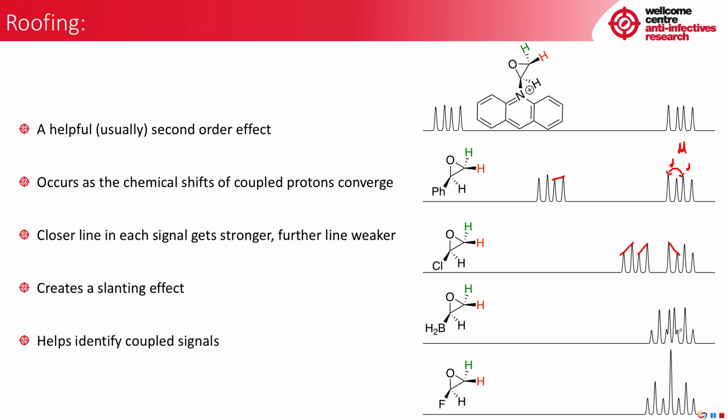But even so, you can still see the slant, although I would suggest maybe not measuring the J in this case. And finally, we have a special non-coupling fluorine, just for simulation purposes. And in this case, you can see there's a very significant slant, and in fact the signals are overlapping and starting to produce something a bit different.